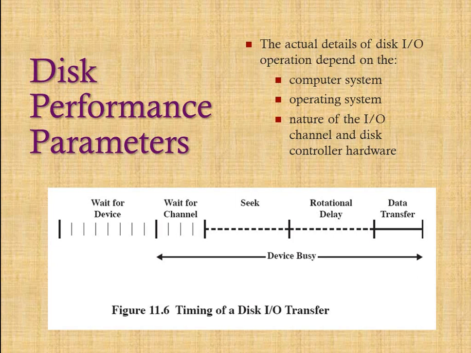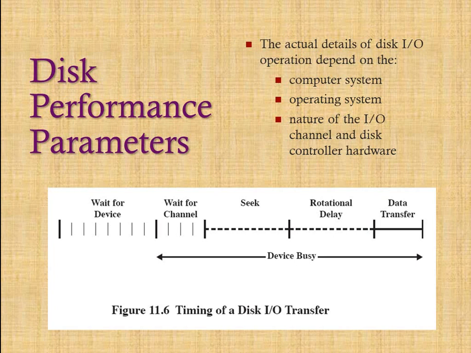So selecting a track involves moving the head in a movable head system or electronically selecting one head on a fixed head system. On a movable head system, the time it takes to position the head at the track is known as the seek time. So again, what is the seek time? Seek time is the time that it takes to position the head at the track. So this is the seek time.